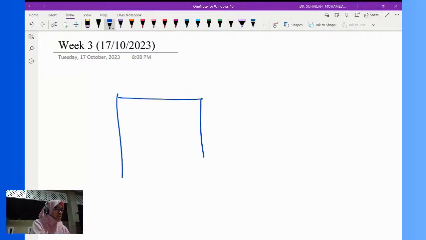Okay, where you have a triangular load like this. The value is 80 kilonewton per meter.